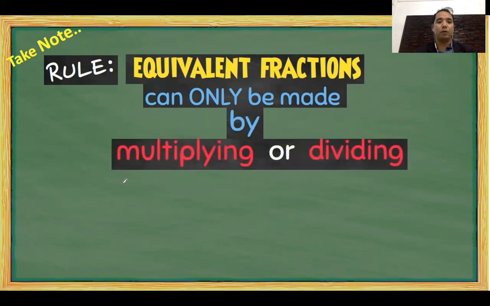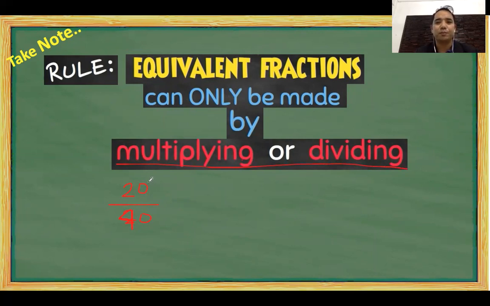Okay? Like for example, look at this one. 20 over 40. The denominator is twice the numerator. So we are going to use multiplication and division. Why multiplication and division?